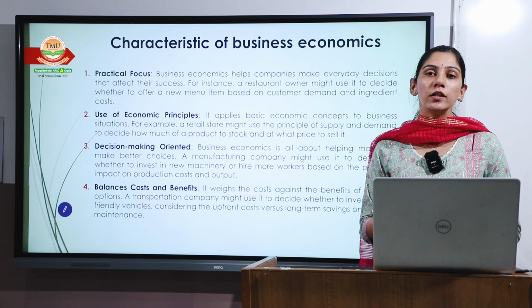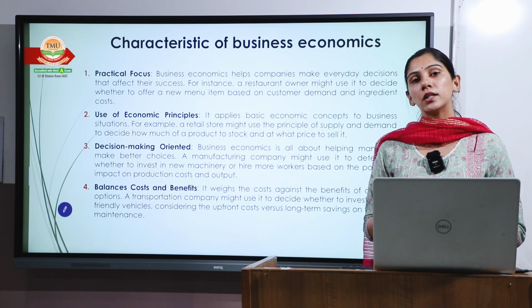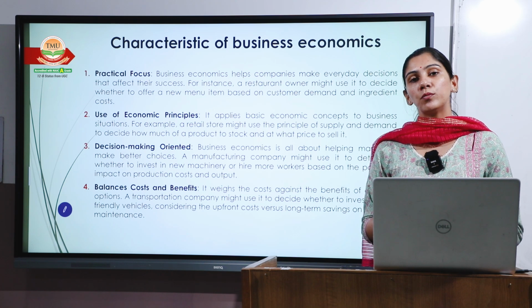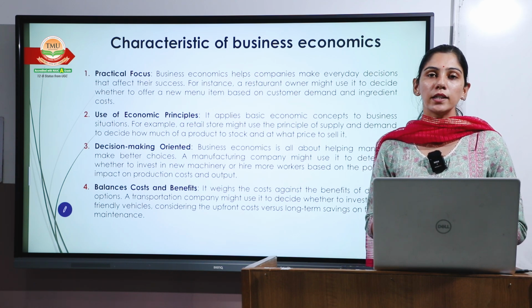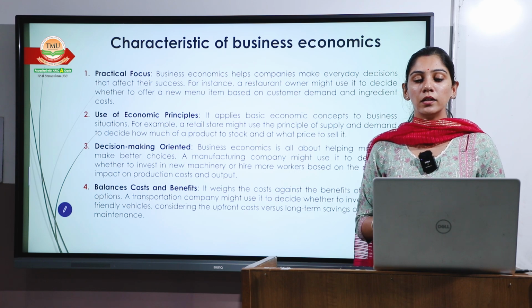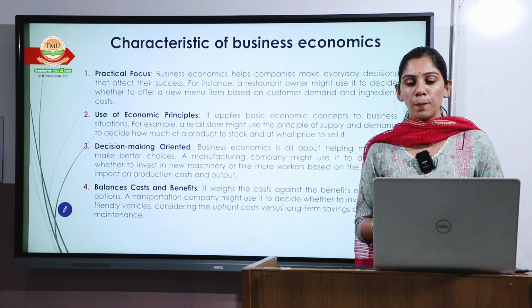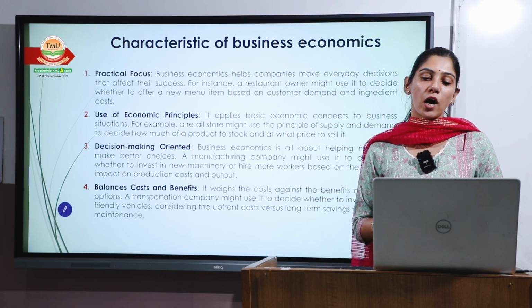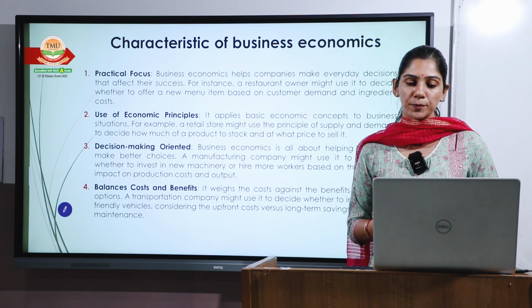And when price of any product increases, then the demand for that product decreases. So let us take an example. A retail store might use the principle of supply and demand to decide how much of a product to keep in stock and at what price it is to be sold.